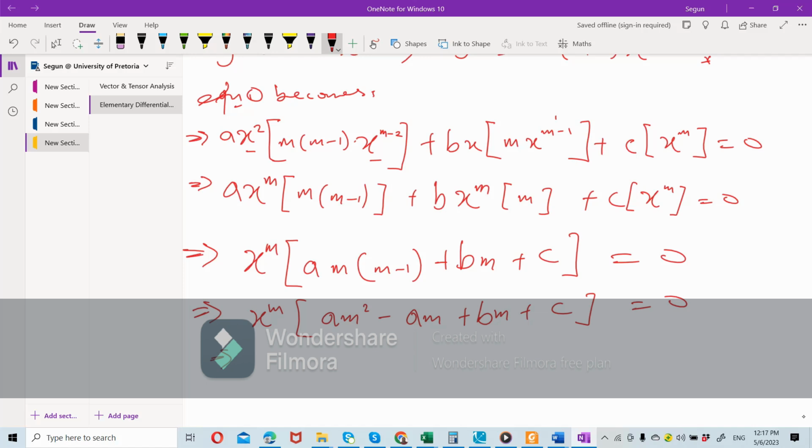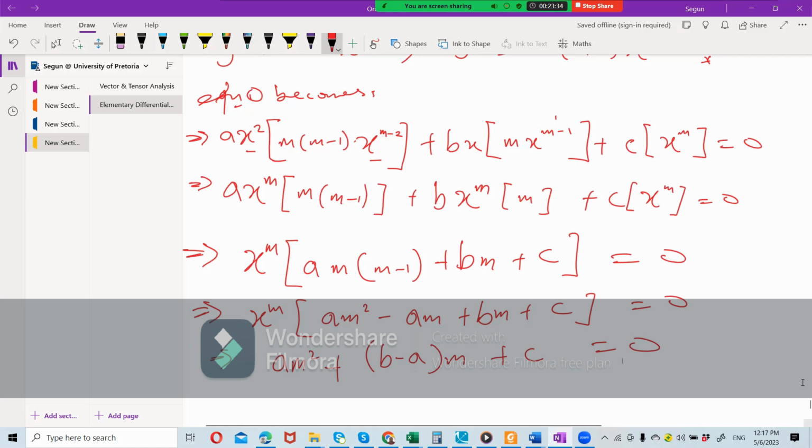what do I have? At the end of the day, I will have am squared plus b minus a m plus c equals to 0. When you solve this one quadratically, what do you have?